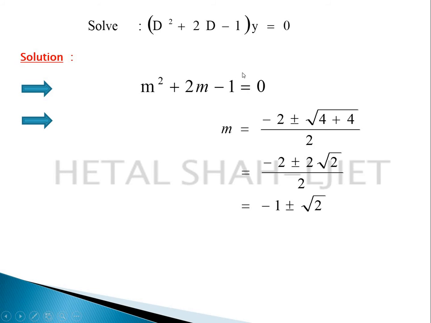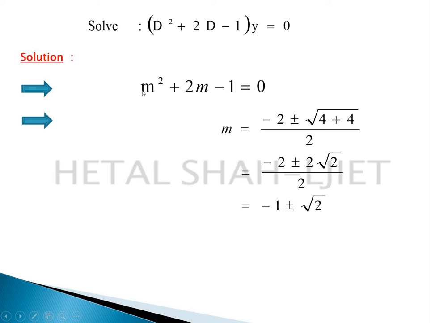Now, to find the roots of this equation we use the formula: minus b plus or minus square root of b square minus 4ac, by 2a. So our a is 1, b is 2 and c is minus 1. So substitute these values in the formula, again I repeat, minus b, that is minus 2, plus or minus under root b square minus 4ac. b square is 2 square, that is 4, minus 4 into 1 into minus 1, that is plus 4, by 2a, 2 into a.